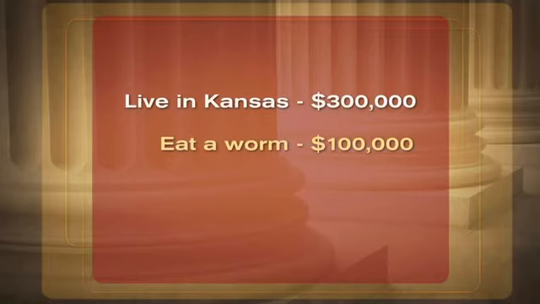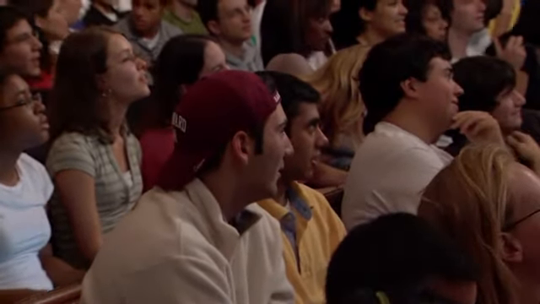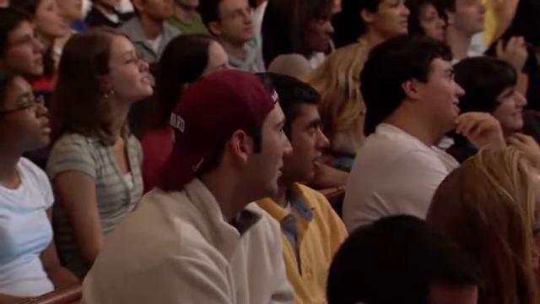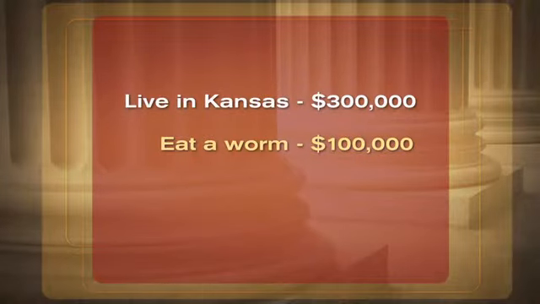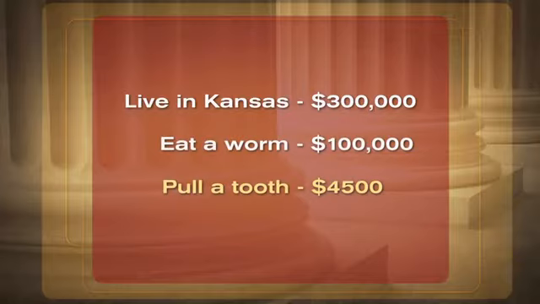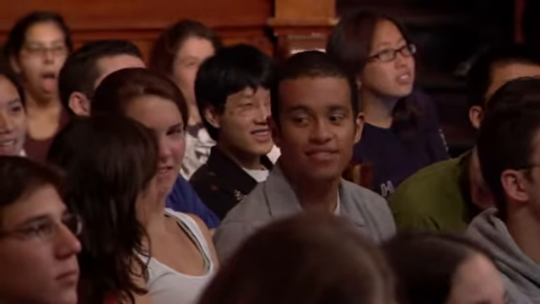What do you think was the least expensive item? Not the cat, the tooth. During the Depression, people were willing to have their tooth pulled for only $4,500. Now, here's what Thorndike concluded from his study.